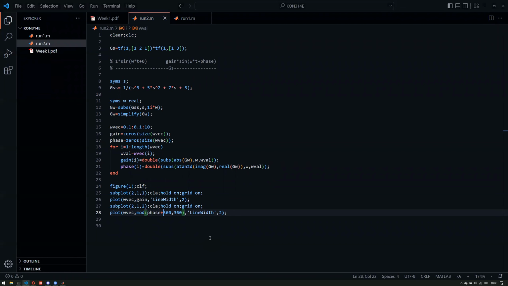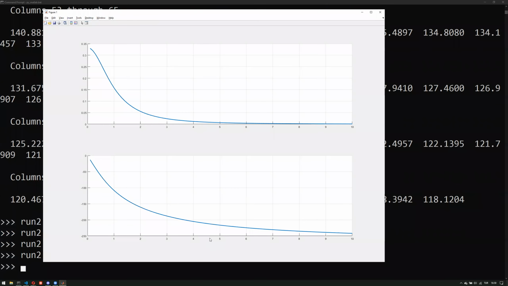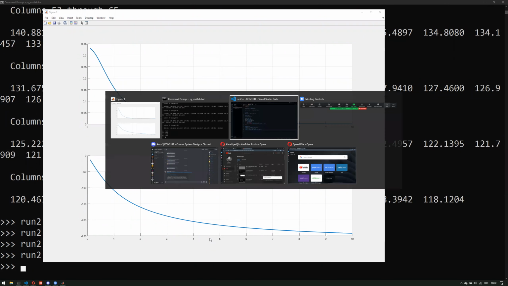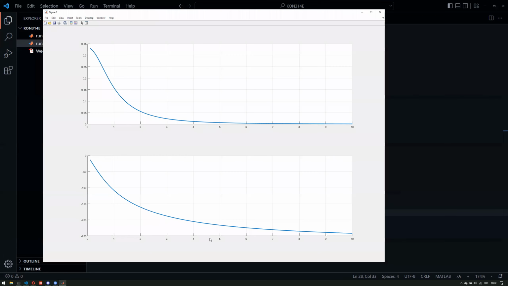So maybe, yeah, this should be correct. For some reason, I have to add and then mod and then subtract back again because I want to realign these. There was a jump because of the discontinuity of the atan trigonometric function, but yeah, you get the idea.